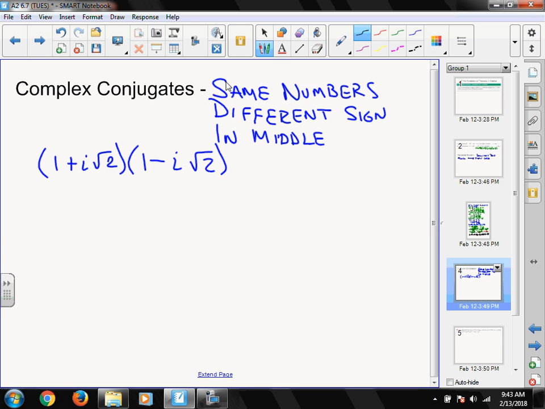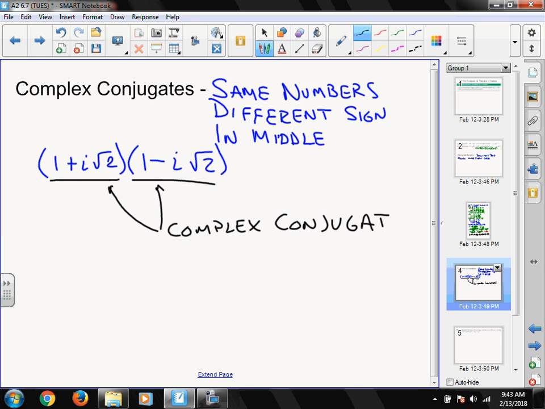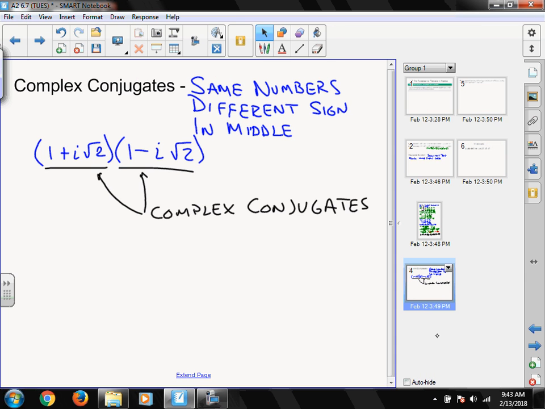So these right here are complex conjugates. So, it's got to be in the complex plane, complex number system.